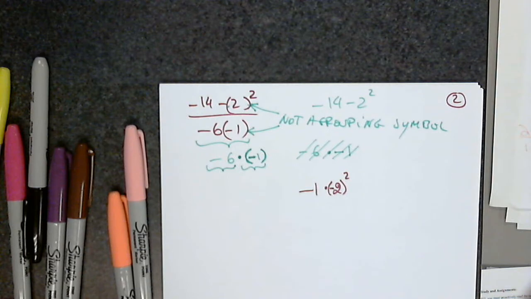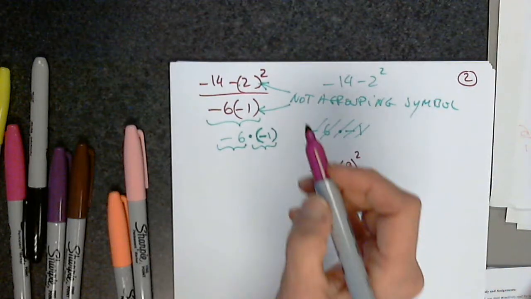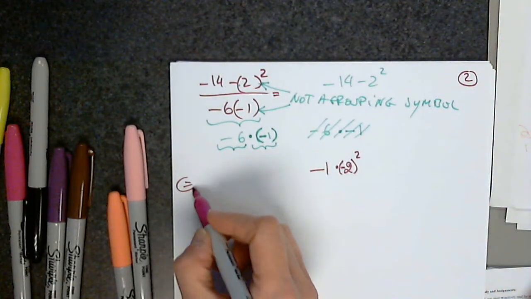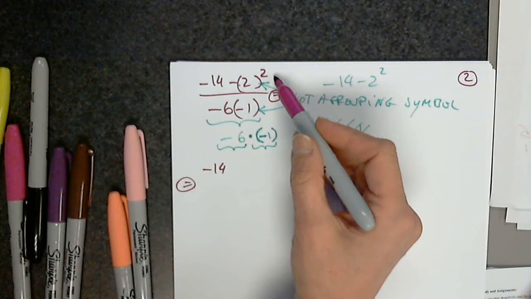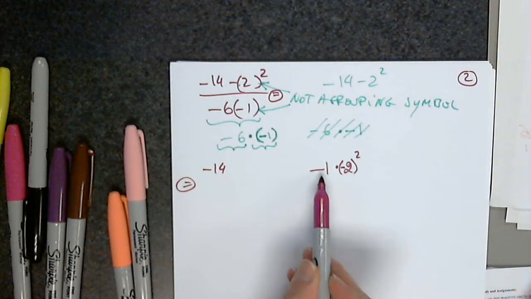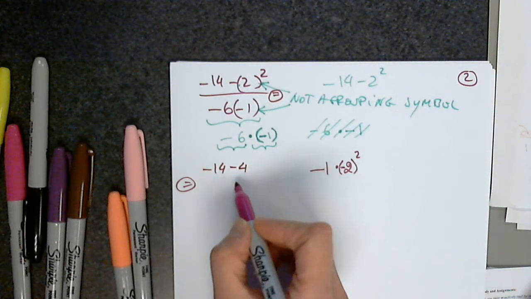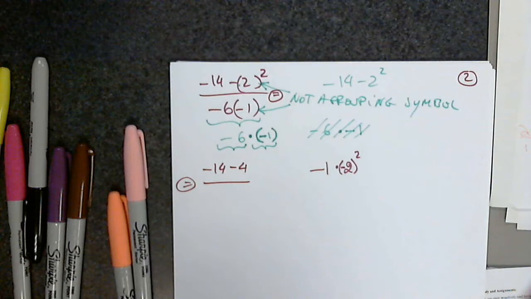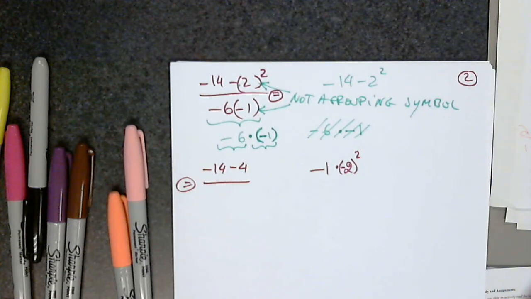So it's up top. It's 14 minus 4. Exactly. So I continue here. This is -14. 2 squared is 4, times the -1 in front, is indeed -4. Now the denominator is very clear. Between -6 and -1 in parentheses, there is no operation symbol.